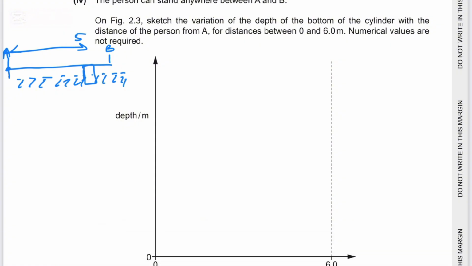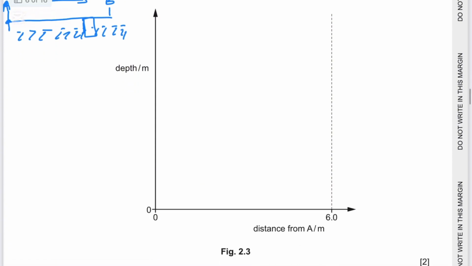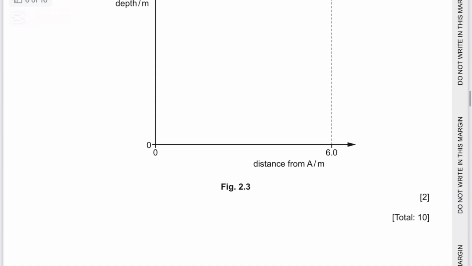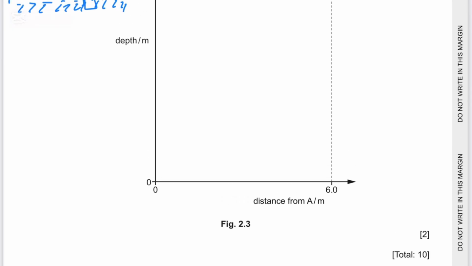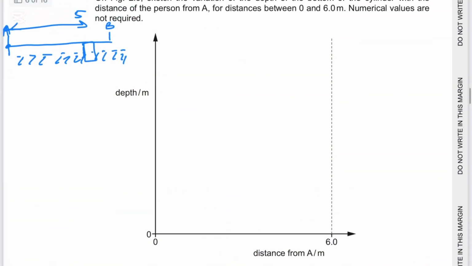Let's start with the origin. The x-axis is the independent variable. Here we'll increase that value, which is distance from A, from 0, and see how the depth of the cylinder changes with it. When the person is at 0 meters from the hinge, or let's say the person is at A, his clockwise moment is 0 because there is no distance from the hinge. That means the total clockwise moment is reduced to the clockwise moment due to the weight of the beam alone.